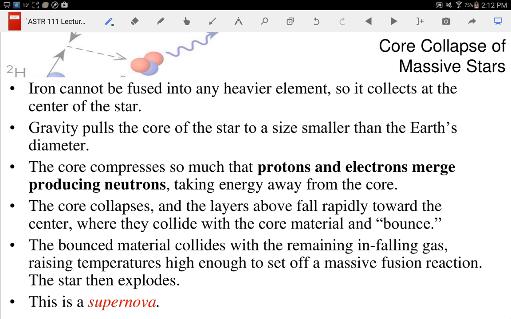And so you end up with a whole bunch of neutrons and a whole bunch of light, and the material comes in, bounces off of those neutrons, and reflects outward. You have big collisions, and that's where all the nucleosynthesis is going on. That's where all the fusions are going on, making things larger than iron.